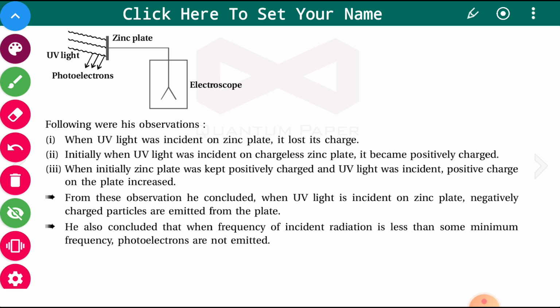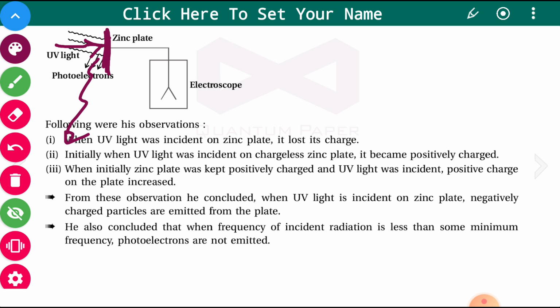Say if you take a chargeless zinc plate, with no negative charge, and you make this ultraviolet light incident, then electrons are emitted, so the zinc plate becomes positively charged because it has lost the electrons.